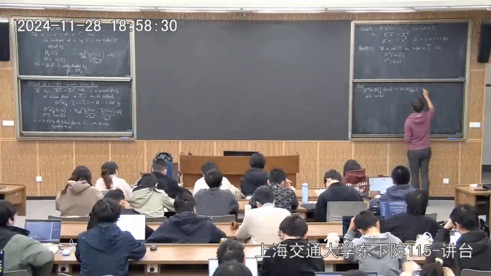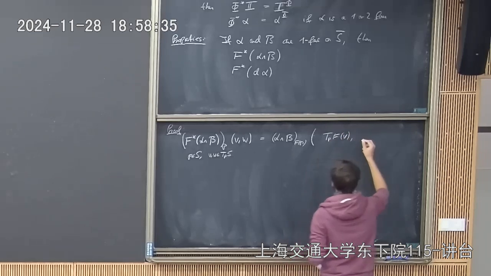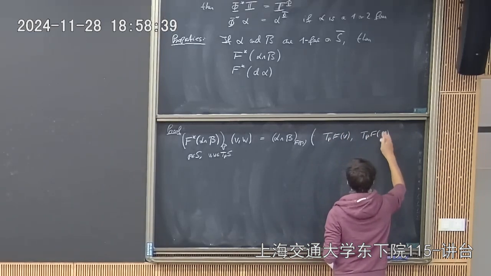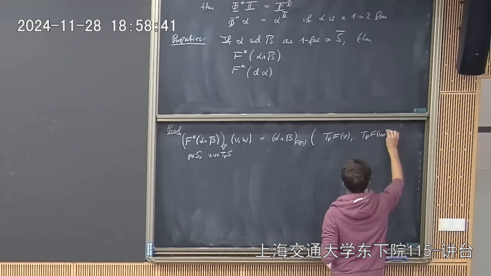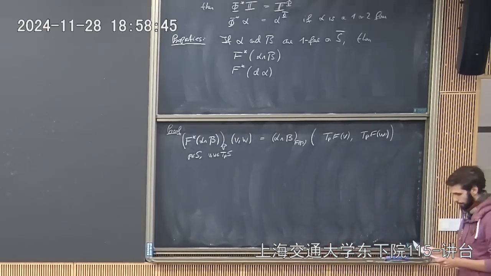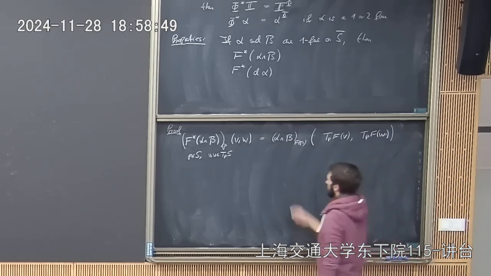So that means we have to transport both of these tangent vectors with the map. So that's the definition of the pullback. It's just a push forward of the tangent vectors.